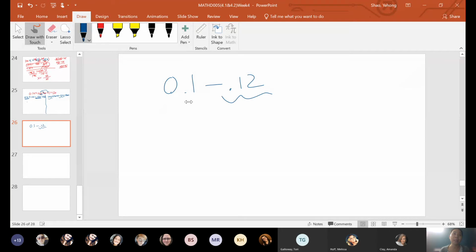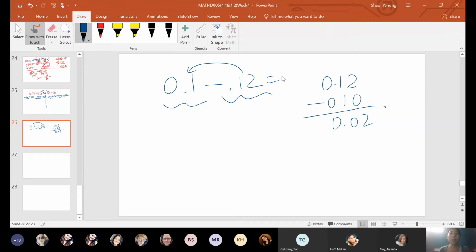First thing you have to do is compare them. This one is bigger than that. So you're going to have to flip them, sort of like doing 0.12 minus 0.1, and you're going to get 0.02. But because you're subtracting a bigger number from the smaller number, you're going to end up with a negative 0.02.